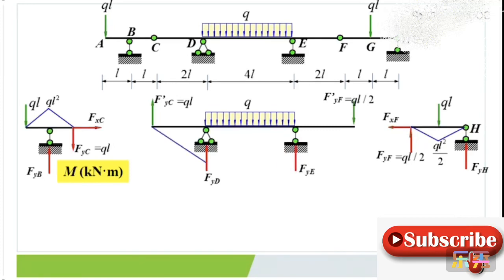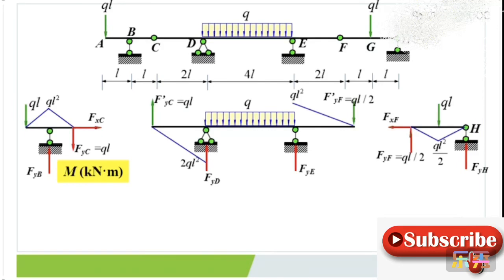MD is equal to QL times 2L, so that's 2QL square. For the EF part, Q is equal to 0, so its bending moment diagram is also a diagonal line, upper side in tension. ME is equal to half of QL times 2L, that's QL square.